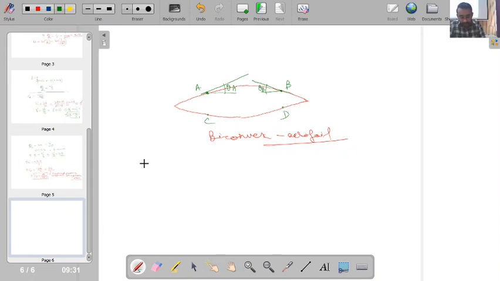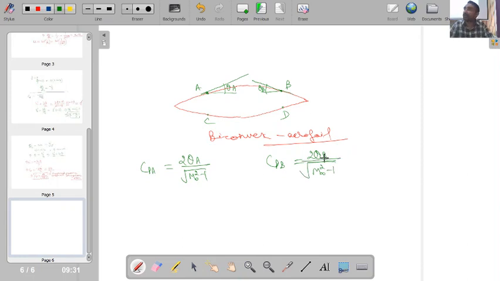Okay. So now if you want to calculate the value of Cp at point A, Cp at A will be equal to 2 theta A by root of M infinity square minus 1, and Cp at point B will be equal to 2 theta B by root of M infinity square minus 1.